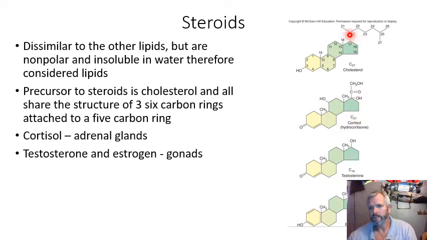See here, just a cleavage of this, adding some bonds, and you end up with these hormones. You've probably all heard of testosterone and estrogen. The precursor to these is just cholesterol. We get modification of that cholesterol molecule through multiple steps, but that is the precursor to these steroid hormones.